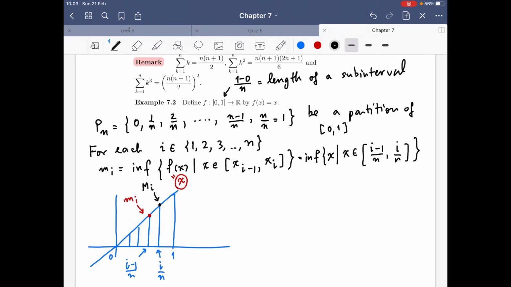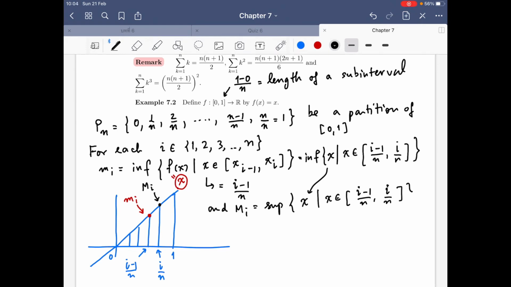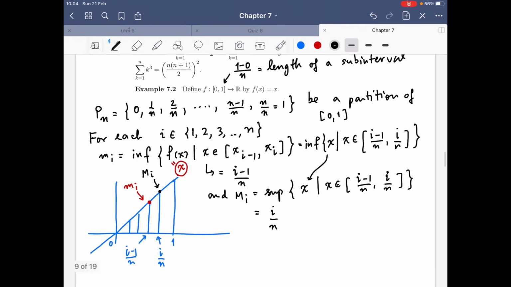The infimum, your small m_i, will be (i-1)/n, and the supremum of each interval for this function value, because it is again an increasing function, will be the right end, so it will be i/n.